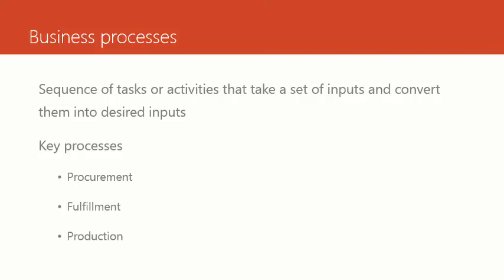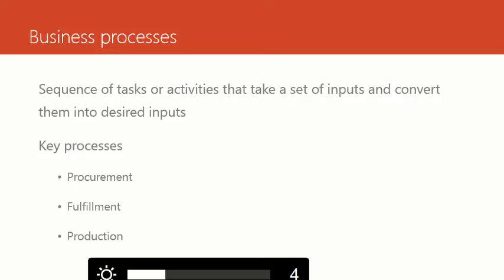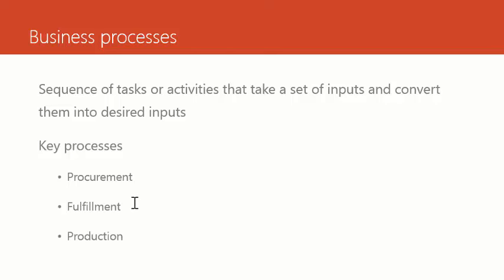Fulfillment is selling goods. And production is manufacturing or producing goods. Every company will have at least procurement and fulfillment. They have to buy something from the market and they have to sell something back. The selling doesn't have to be a product. It can be, as we said, a service.